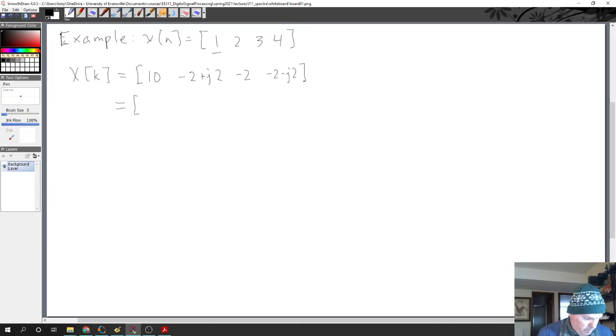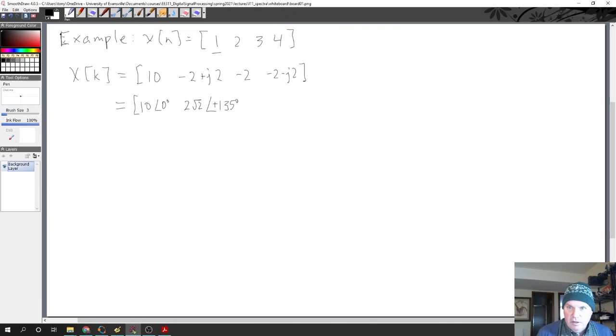Now, in polar form, we could write this as 10 at angle 0. This would become 2 square root of 2, and that angle is actually 135 degrees. It's not negative, it's actually positive 135 degrees.